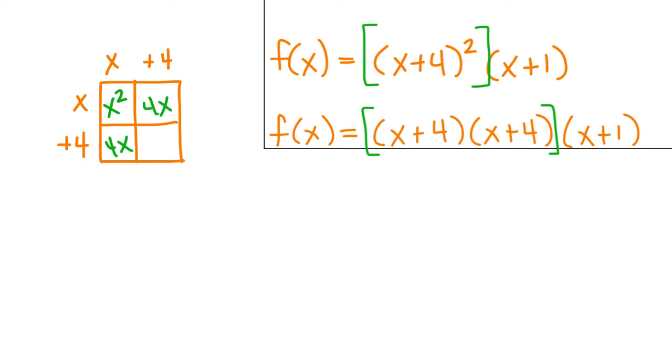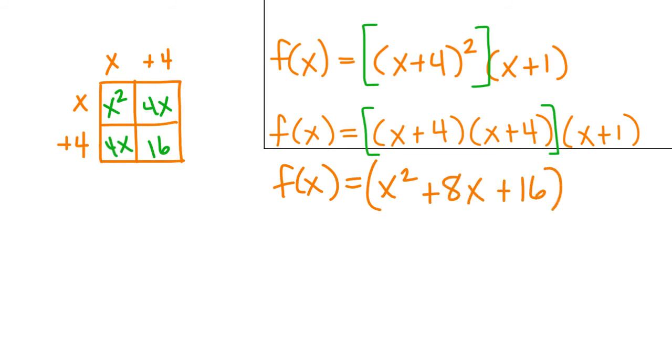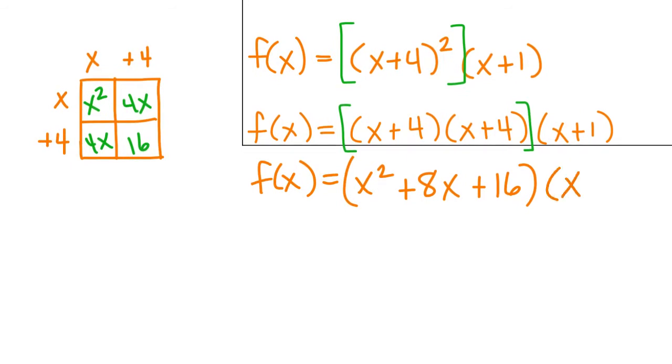And the bottom right, 4 times 4 is 16. Now I'm going to write it in my function, combining like terms as I go. I have x squared, that's the only one that's squared. Then plus 4x plus another 4x, so together that makes plus 8x, and then plus 16. And then bring down my other factor, x plus 1. So we've got 2 of these factors multiplied. But now I need to multiply that last factor, that x plus 1.